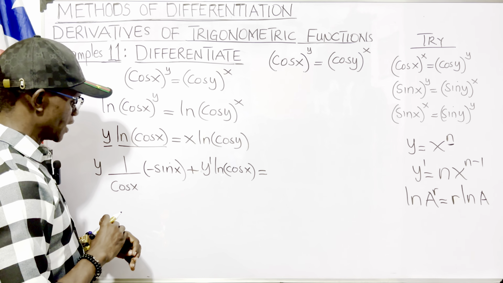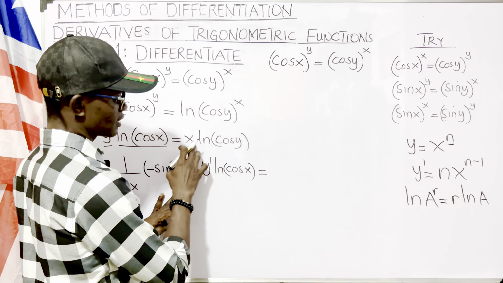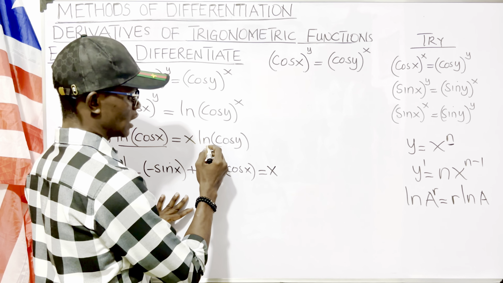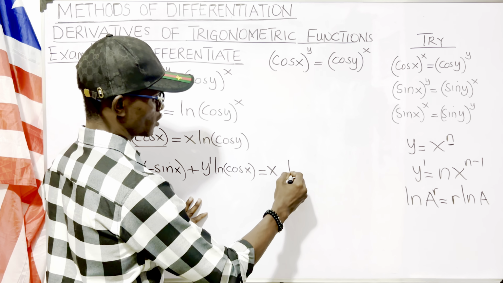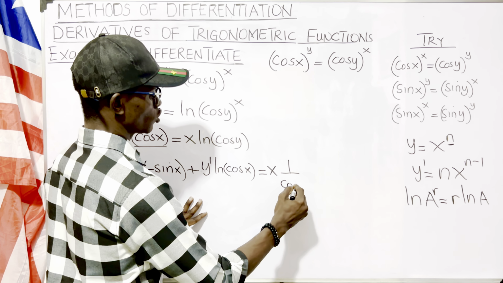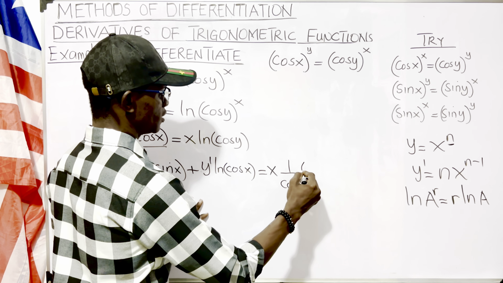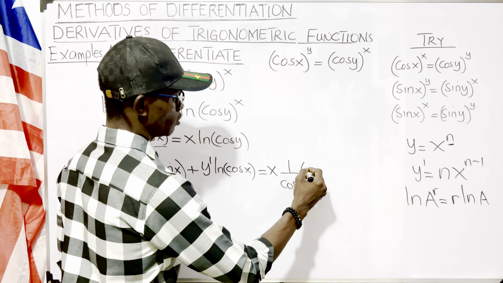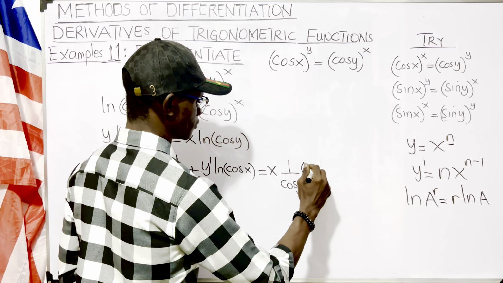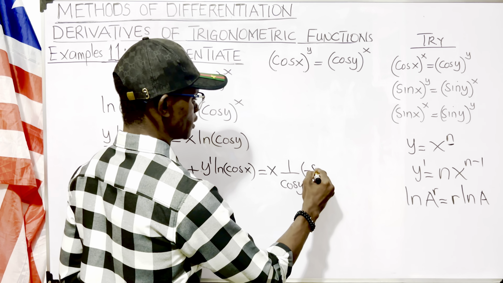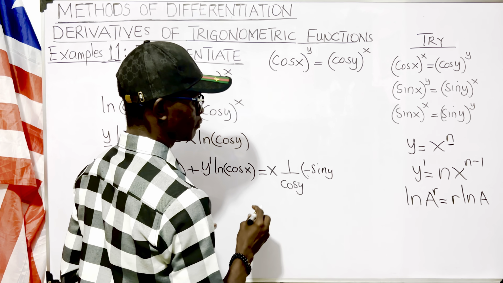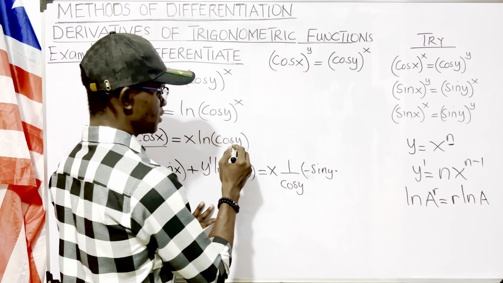In a similar manner, we can hold this x and differentiate ln of cos of y. It gives us 1 over cos of y times the derivative of cos of y, which is negative sine of y, times the derivative of the angle.